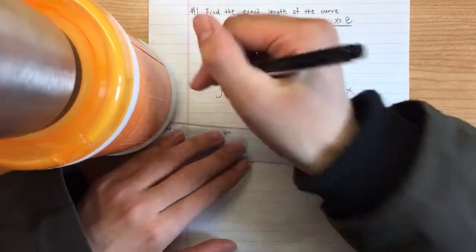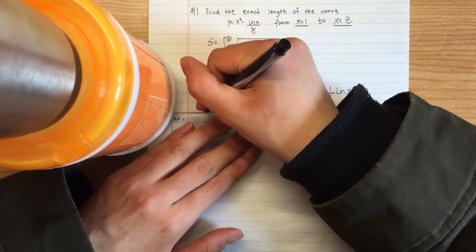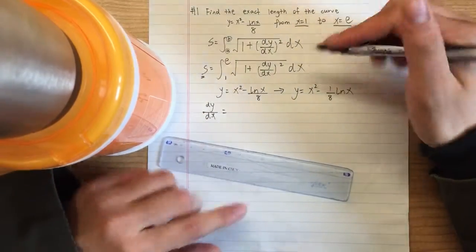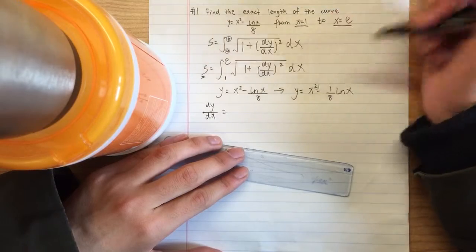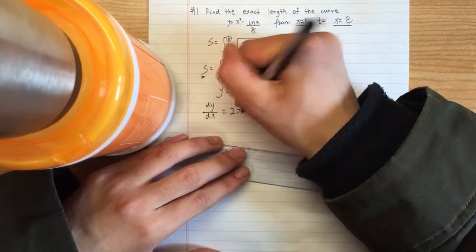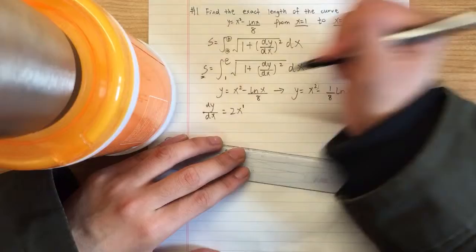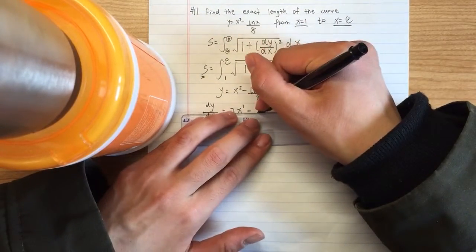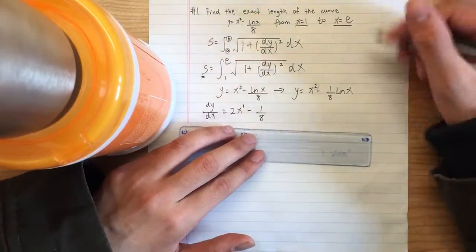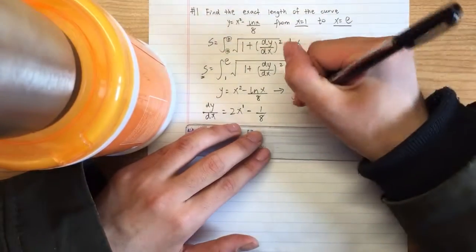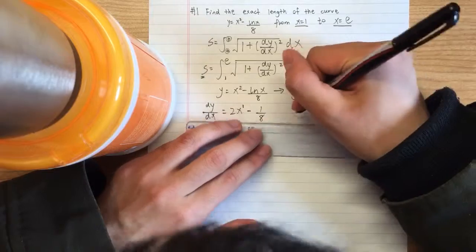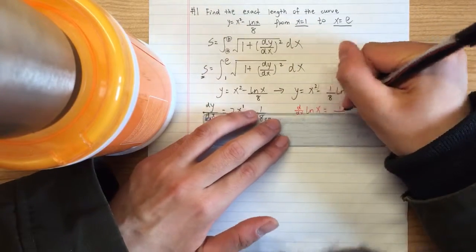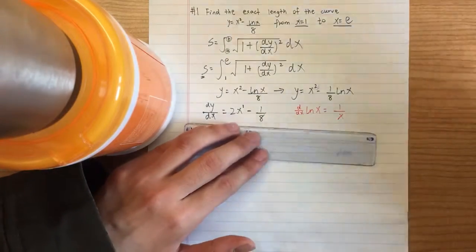So the derivative of this function is dy over dx. The derivative of x squared is, we put the 2 in front, 2x, and 2 minus 1. Then minus the constant doesn't change, we put it here, 1 over 8, and the derivative of ln x equals 1 over x.